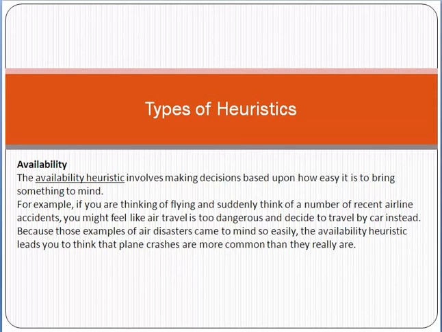Rule of thumb means the available information, the availability: last time it went wrong, so this time it will go wrong again. So this is the concept of rule of thumb. Last time the plane crashed, so this time we will not go by plane, this time we will go by car.